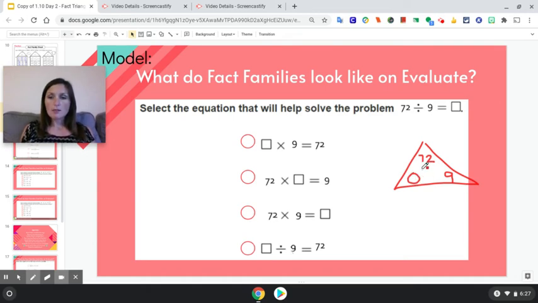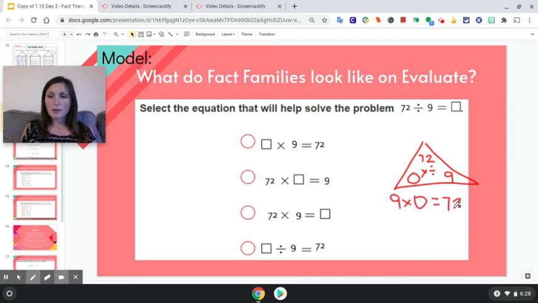Well, we remember that this is a multiplication division fact family. So if I'm trying to figure out the division, I know the opposite of that is multiplication. And I can use my fact family knowledge, which is 9 times, since I don't know what it is, I'm just going to put this blank, but I know it equals 72.